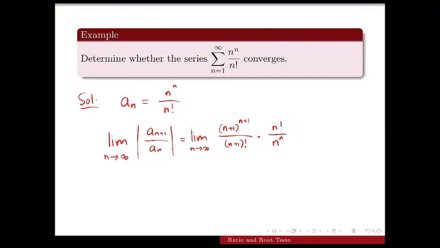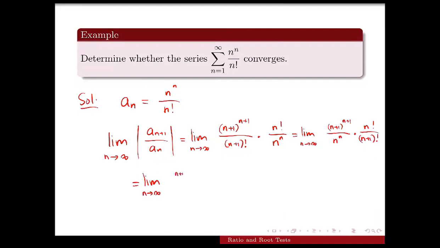Let us rearrange the expressions. Limit as n approaches infinity, here you have n plus 1 raised to n plus 1 divided by n to the n, times n factorial over n plus 1 factorial. And then we further manipulate the expression. Limit as n approaches plus infinity.